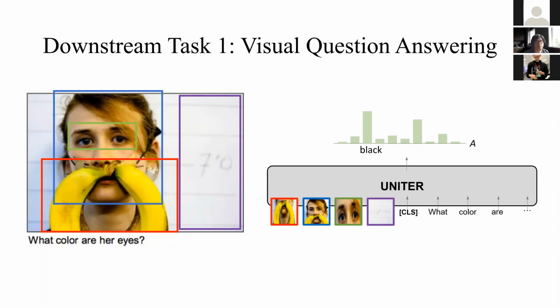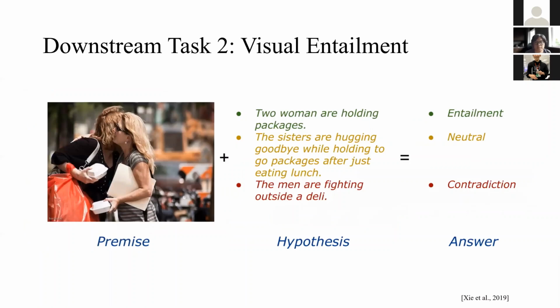Recall that vision and language pre-trained models take one image and one text as input. For VQA, the question is the input text, and then the model will just predict the probability over all possible answers from the embedding of the CLS token. Next, visual entailment evolved from the natural language inference task from the NLP community. NLI is a popular benchmark for NLP, and 4 out of 10 tasks in GLUE are NLI.